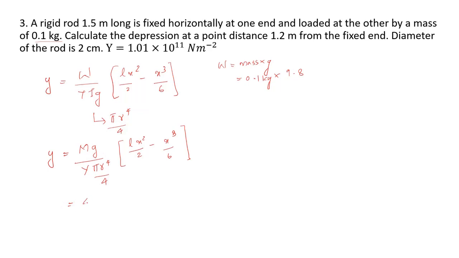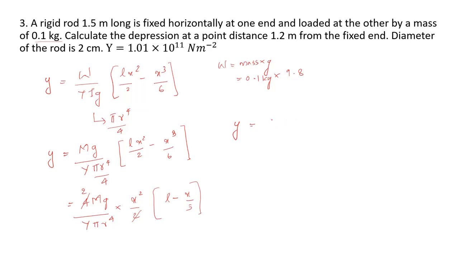So the equation becomes 4 mg y pi r to the power 4 into x squared by 2 into L minus x by 3, and we can cut off some particulars and put in values and find y.